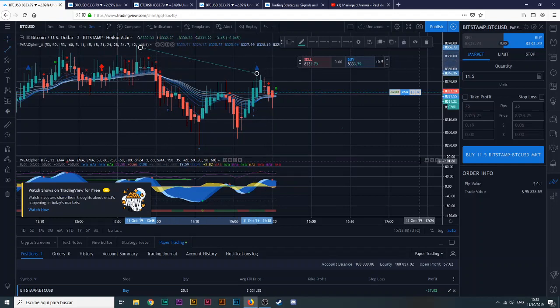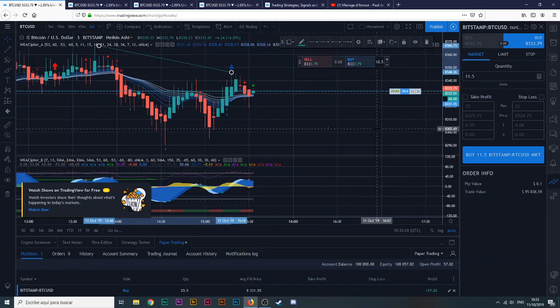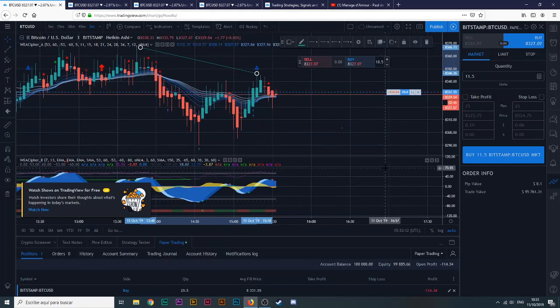So we had a downtrend. But what's happening now is a reversal. And you see that the candles are moving up.